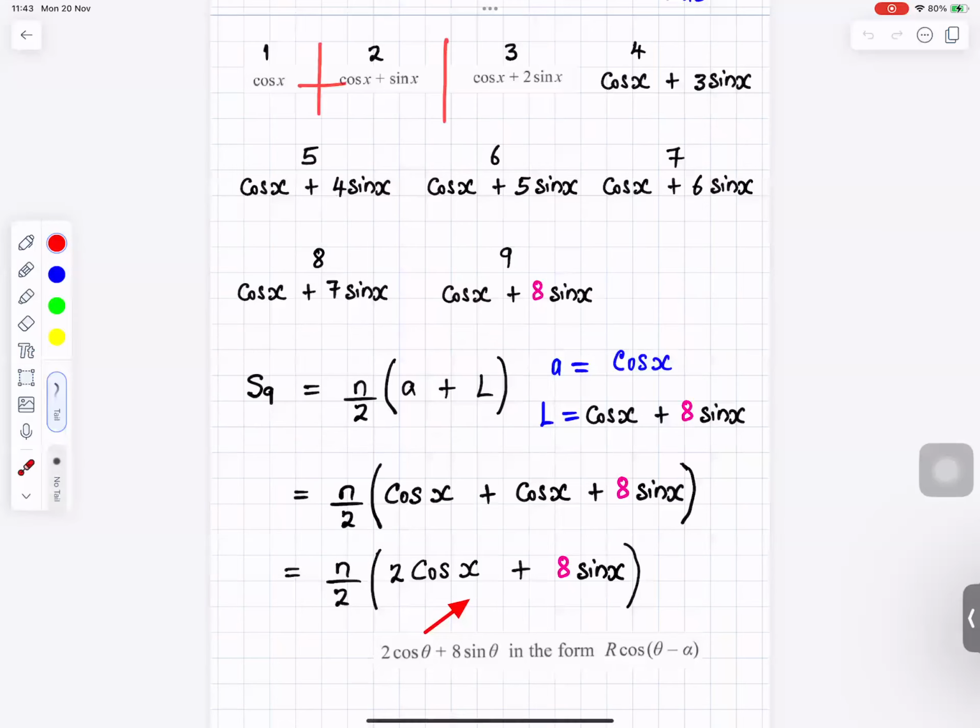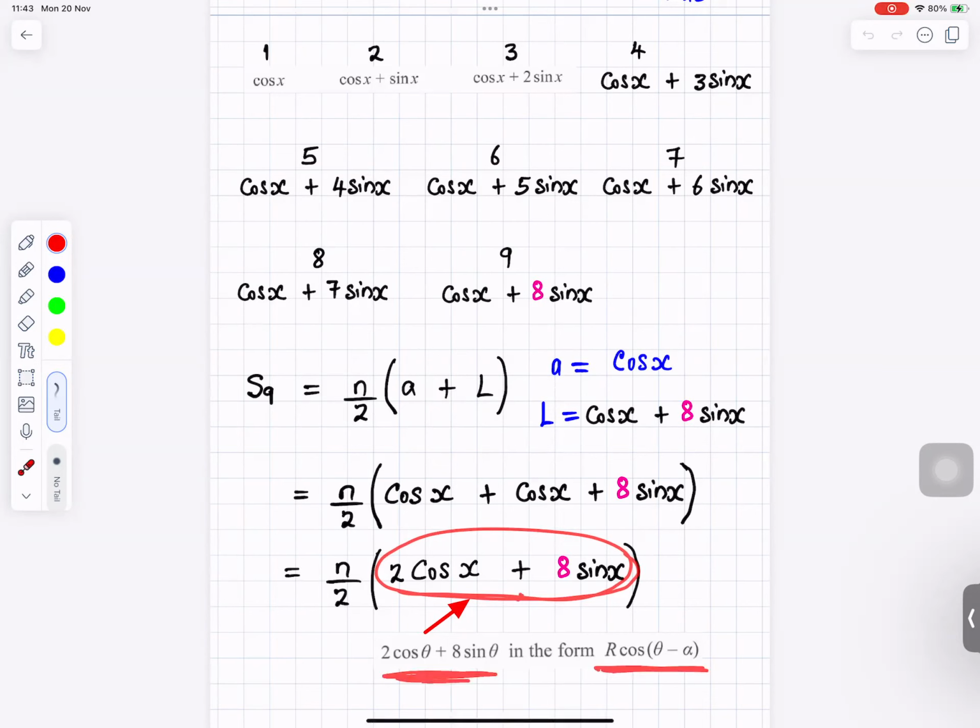You put n, which is 9, times the first one plus the last one. The first is cos x, the last is cos x plus 8 sine x. Put them in there, and in the middle you will notice 2 cos x plus 8 sine x. That is what was given in part A.